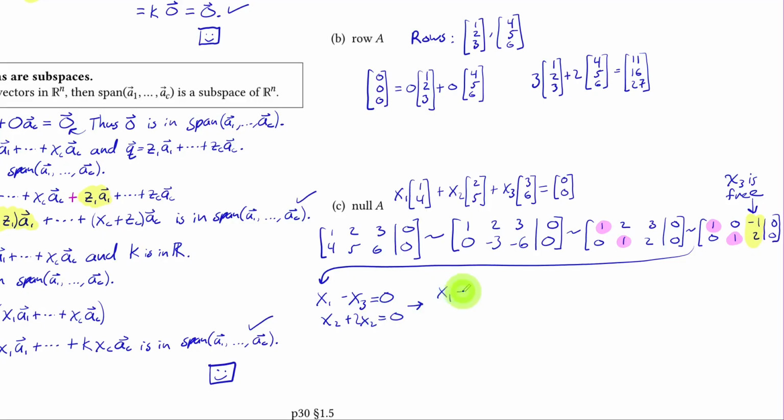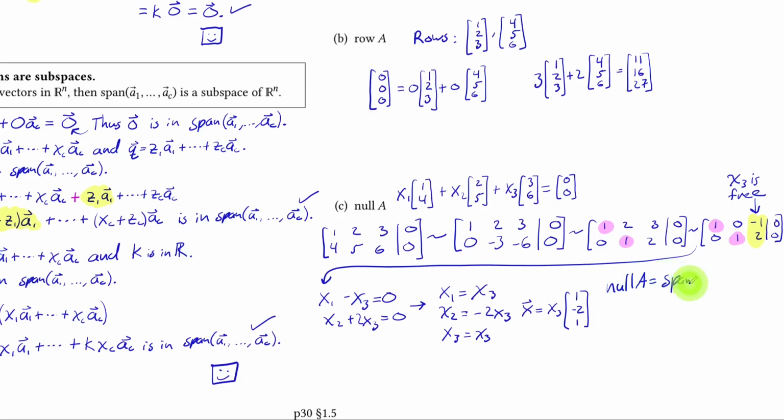So x1 is equal to x3, x2 is equal to -2x3, and x3 is just x3. So we can see the null space is the span of this vector (1, -2, 1), because any x3 multiple of that gives you another solution of this homogeneous equation.